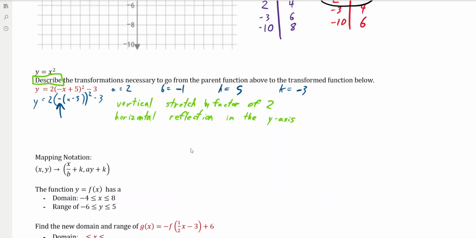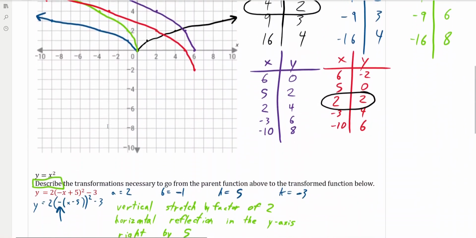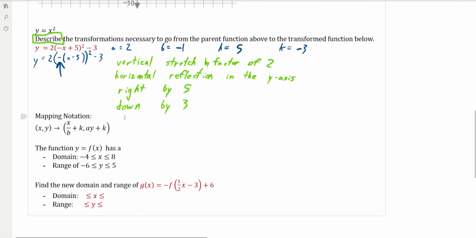Then we also have the, yeah, I really did make it very similar. Translation, maybe I'll just say to the right by 5, and down by 3. So the only difference here is that it's to the right by 5 instead of right by 6, and down by 3 instead of down by 2. So look at that, I made it very, very similar.